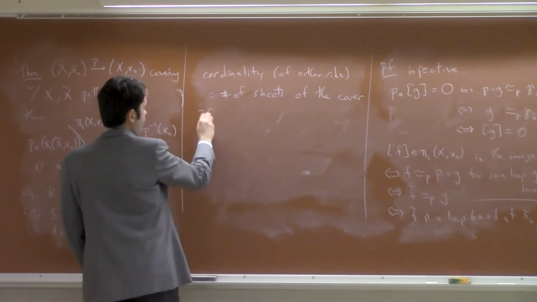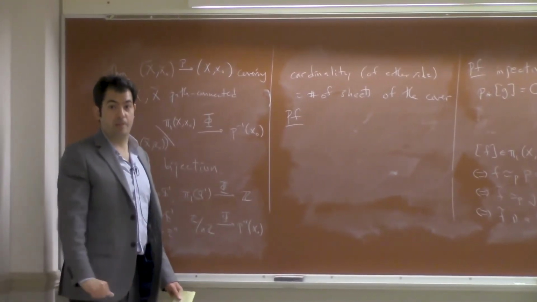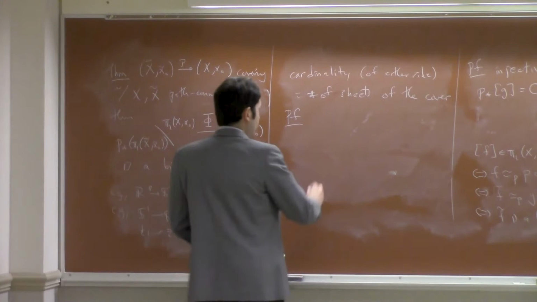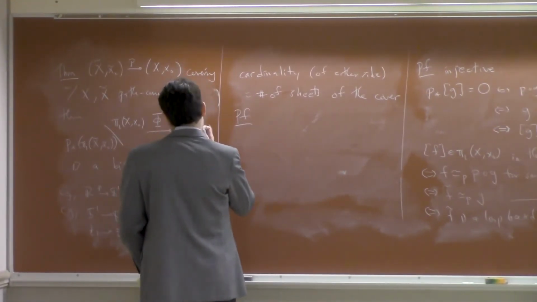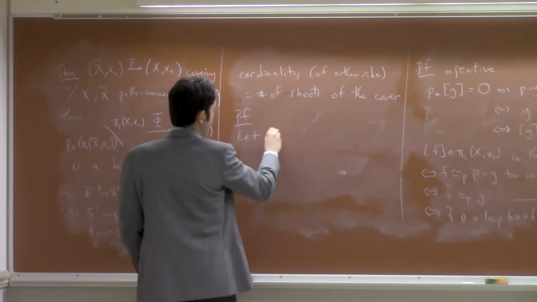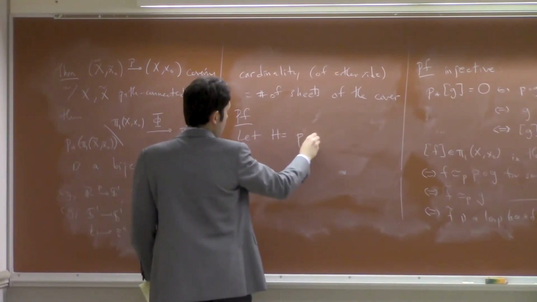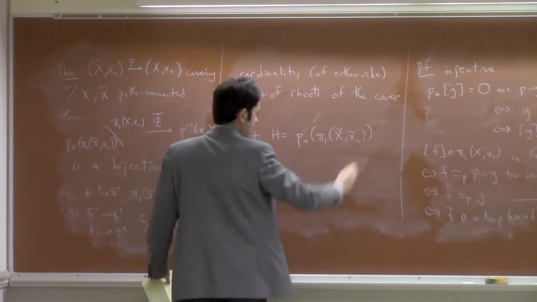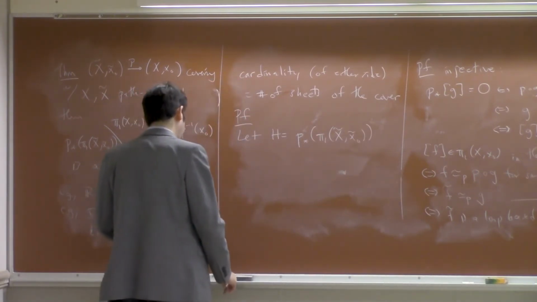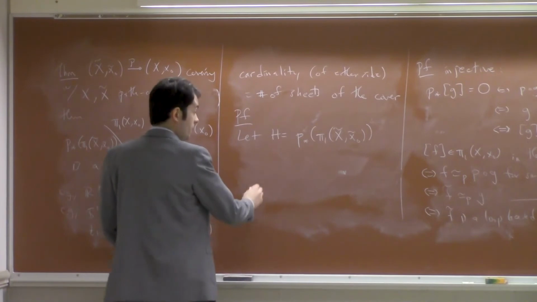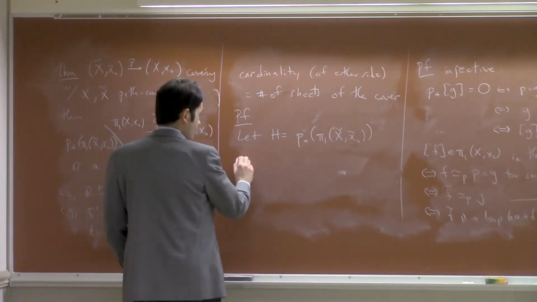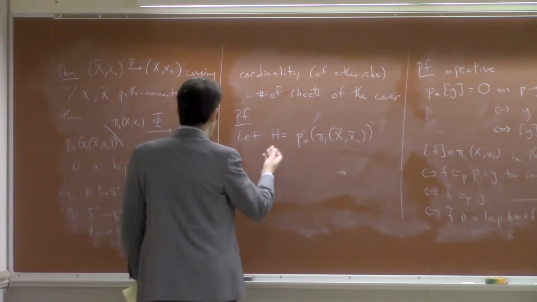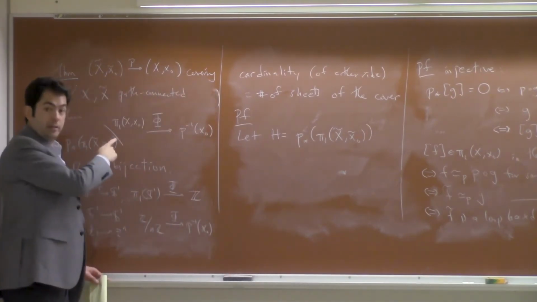Okay, so let's check that this is indeed a bijection. So let's give the subgroup a name. Let H be the image. I want first to check that phi is well defined on the cosets.